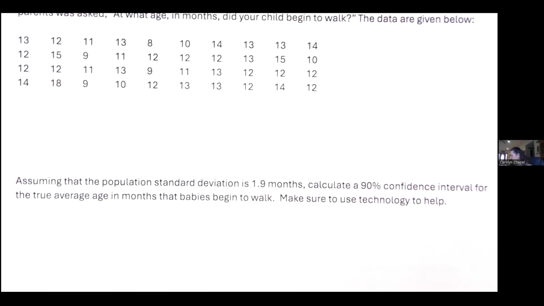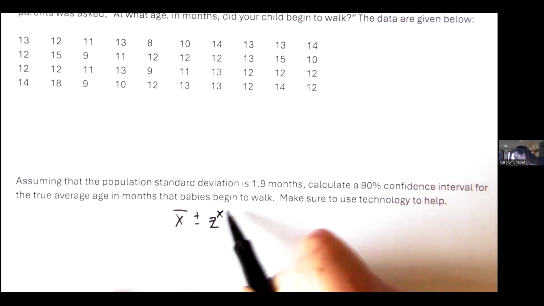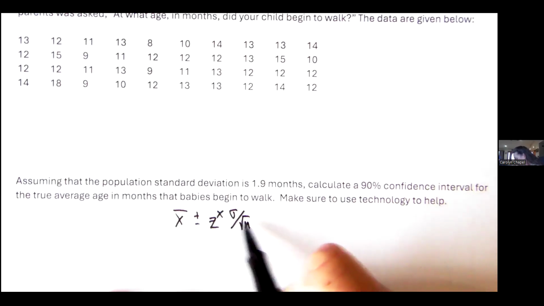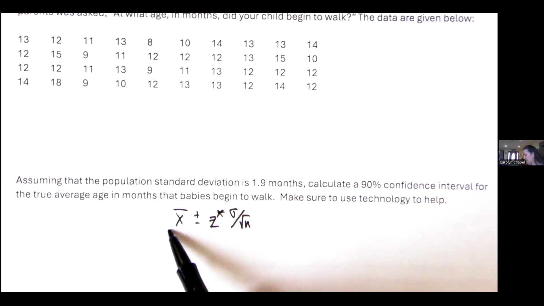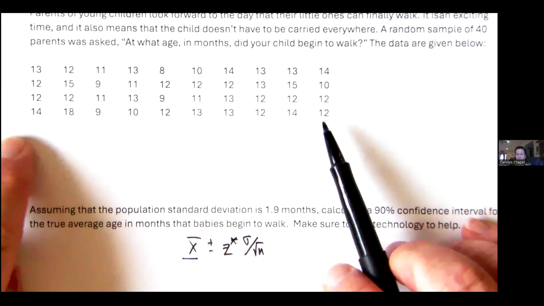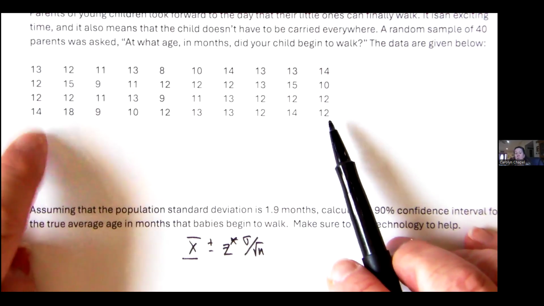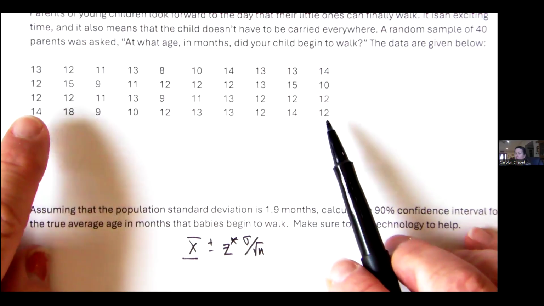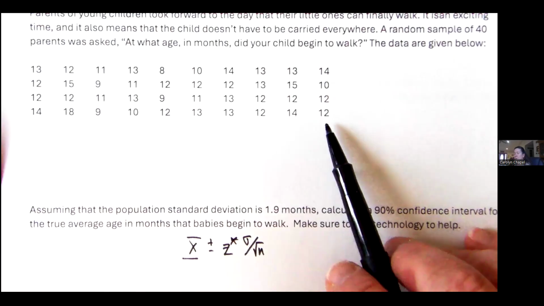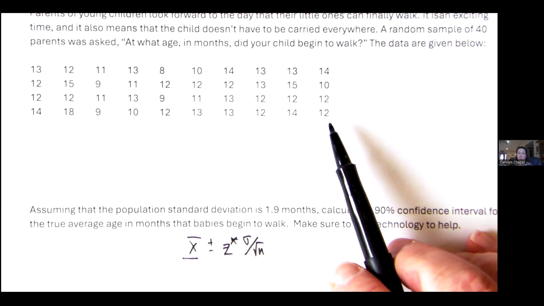Okay, so the first thing I want to remind us is the formula looks like Z star. The first thing we need is X bar, okay? Which means I would have to calculate it, which means I need to add all these data values up and divide by 40, okay? The nice thing is we do have technology that can do that for us. We could put all this data into a spreadsheet and boom, it would spit out our X bar. I could then use that in here or in SALT to get there, but I do have to go that one extra step.